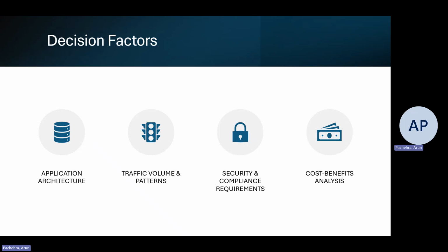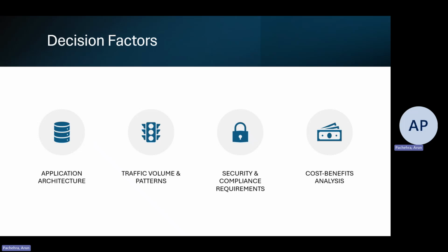Then, security and compliance requirements will decide. How? Determine if applications have different security requirements that would benefit from customized WAF policy provided by using separate app gateways. Maybe those policies are not applicable for the other applications. So that's why it decides. This is a decision factor.